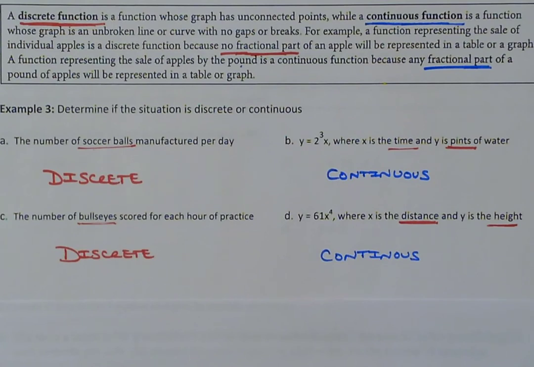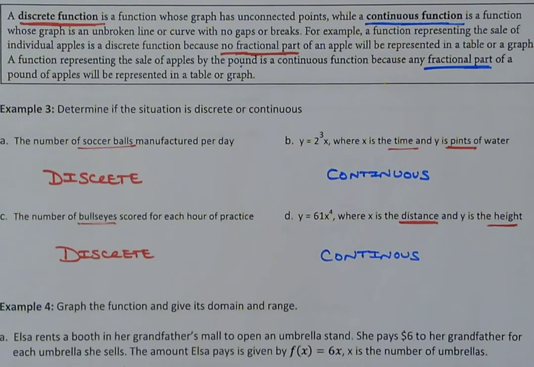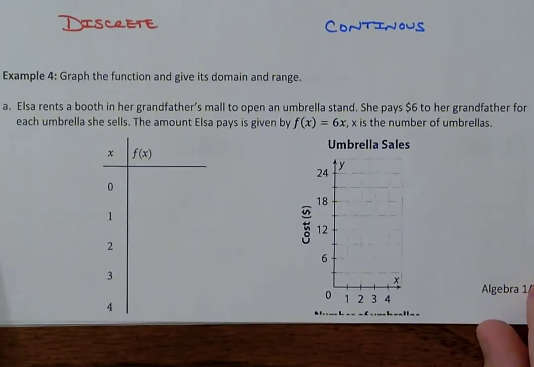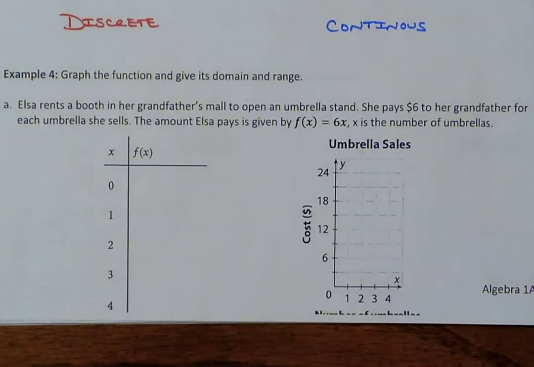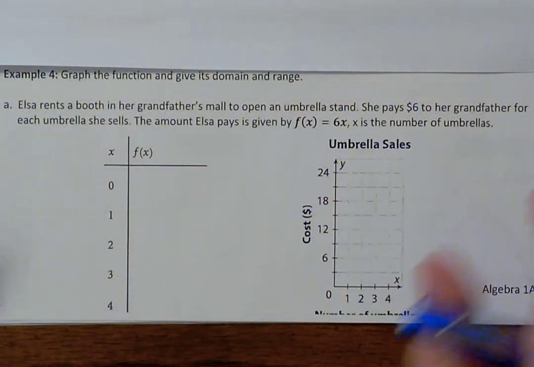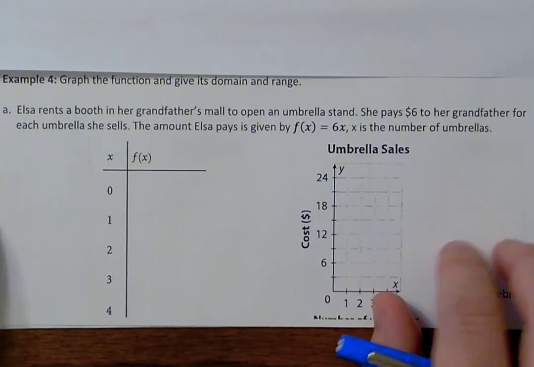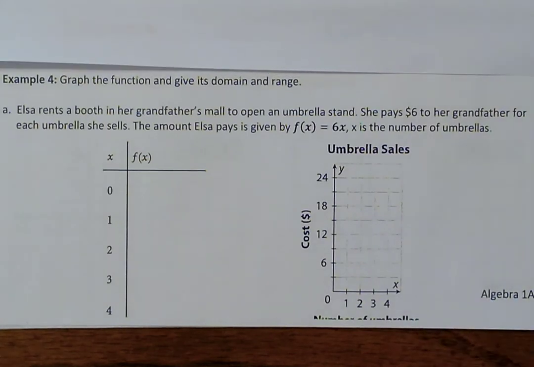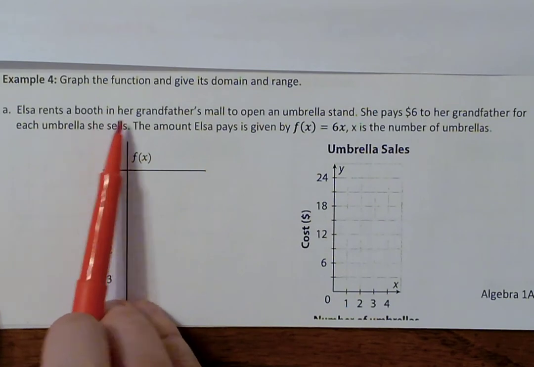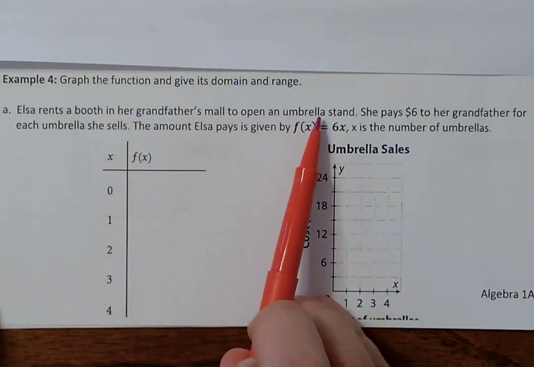All right, so with that said, we have one final example for today, and that is example 4. Example 4 is going to ask us to go through and graph the function and give its domain and range. So first of all, Elsa rents a booth in her grandfather's mall to open an umbrella stand.